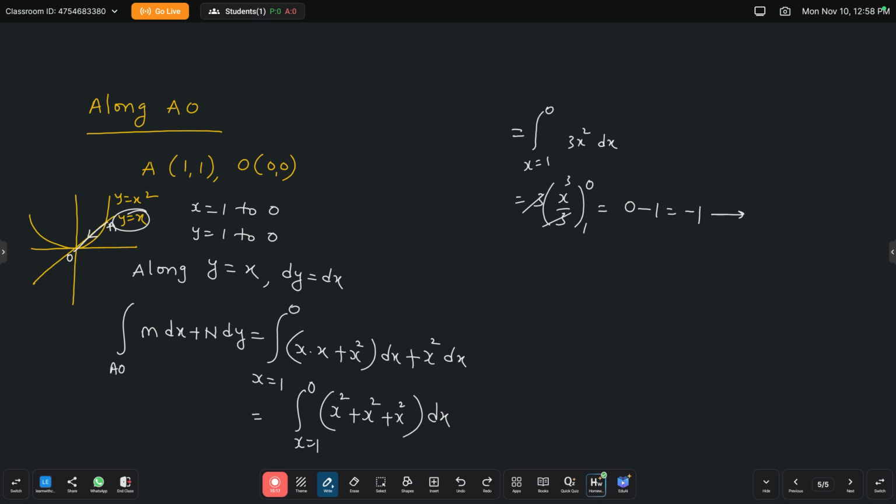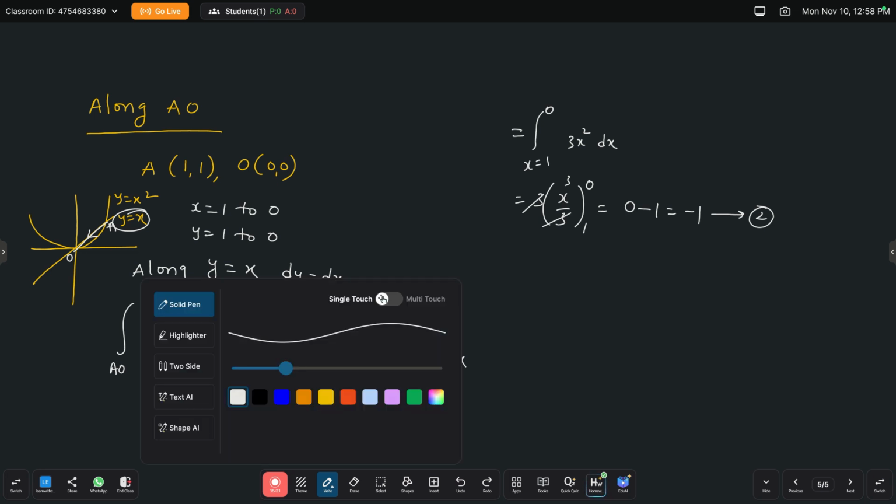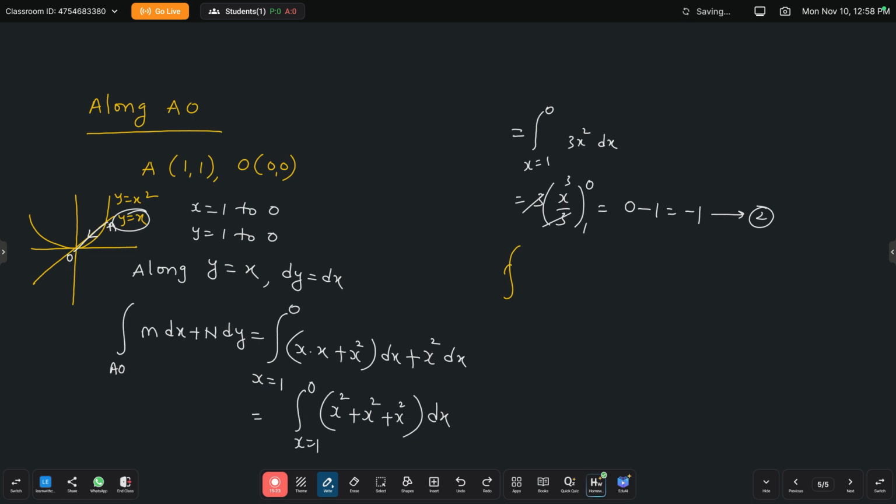It is the second part. So the total integration, the circulation of this total curve, M dx plus N dy, is nothing but the integration taken along the y direction plus along the AO direction.